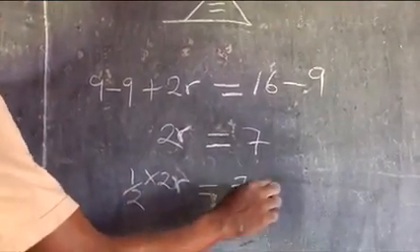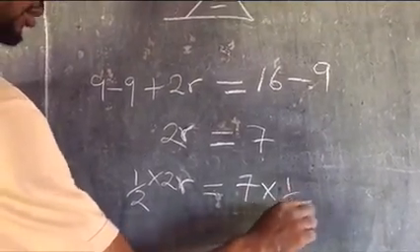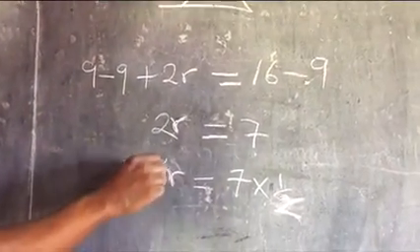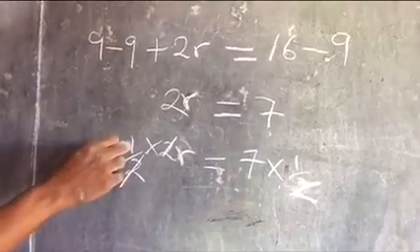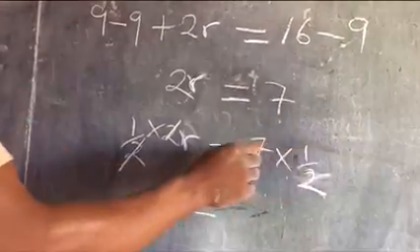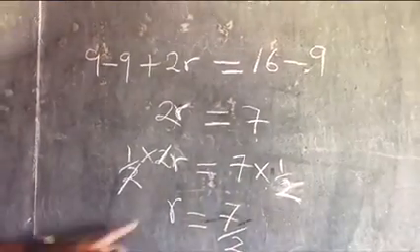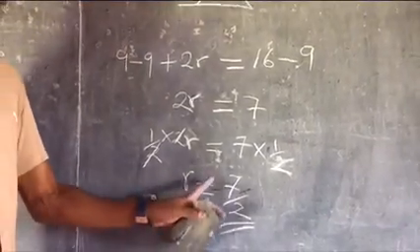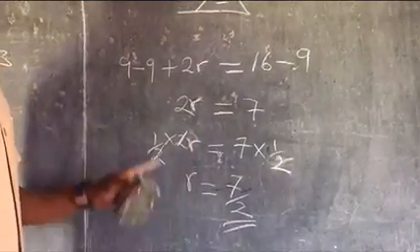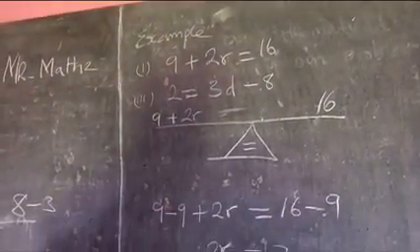Then I will come do times 1 over 2 for here like this. Then these 2 go cancel these 2. Then 1 times r will give me r. Then I will get this one times this one will give me 7 over 2. So we don't solve this one. R now 7 over 2 for this equation. I hope that one makes sense.